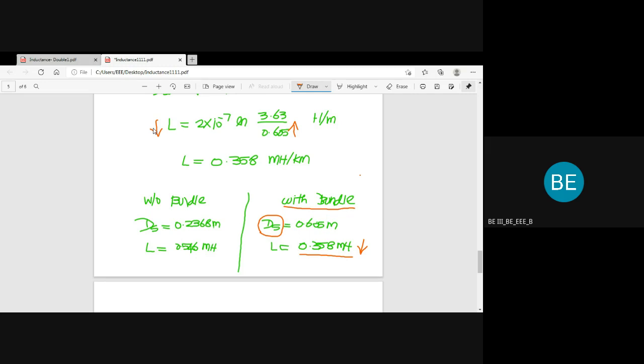So because of decrease in inductance, we can say reactance X will be reduced per phase. So this is what we can conclude if you solve the problem without bundle and with bundle conductor arrangement.